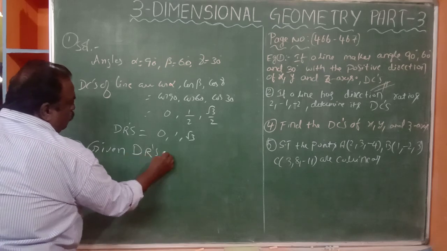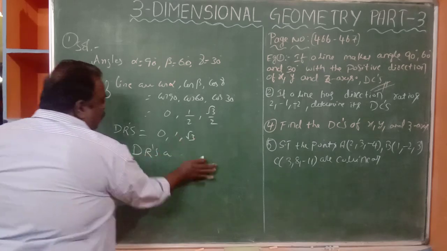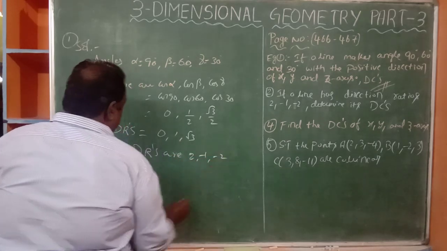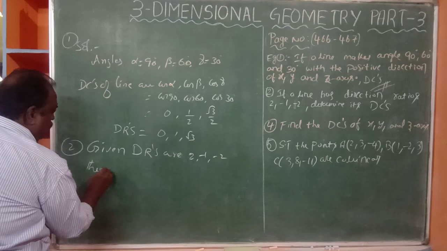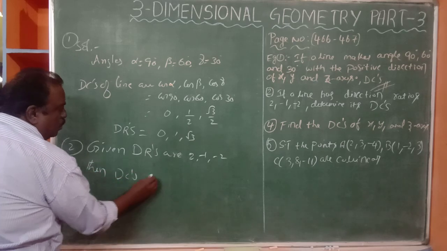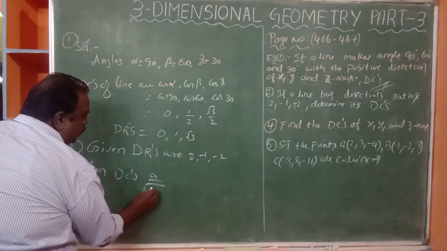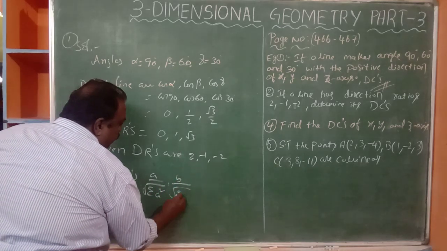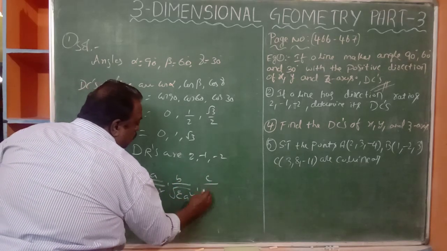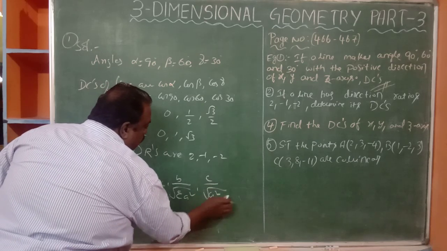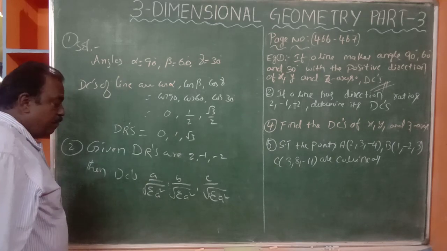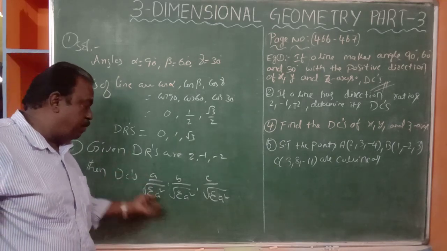Given the direction ratios, what are the direction ratios? 2, -1, -2. Then the direction cosines are a by root sigma a square, b by root sigma a square, c by root sigma a square. Sigma means the summation; sigma a square means a square plus b square plus c square.